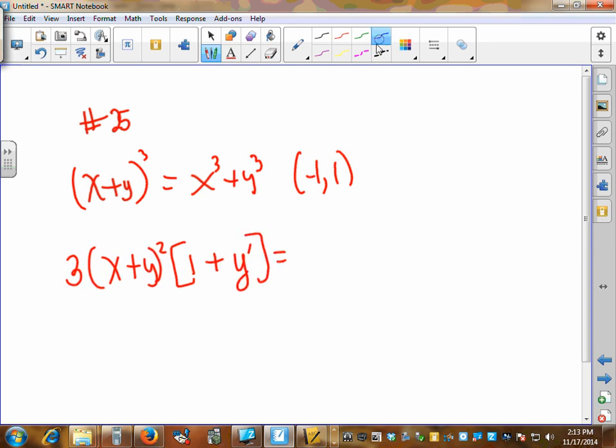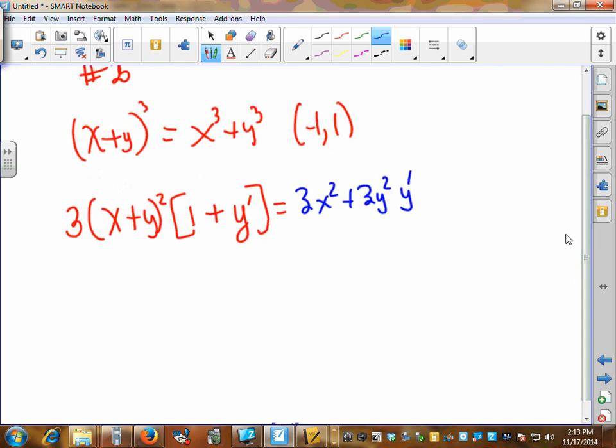Equal to, on this side, 3x squared plus 3y squared y derivative. The purpose of this problem is to find out the derivative at that point.